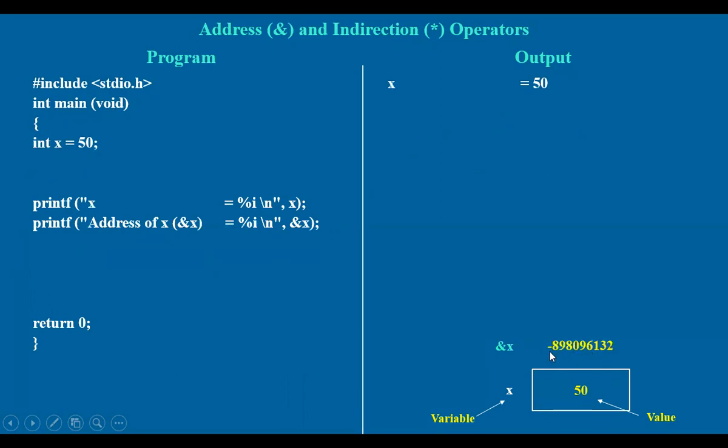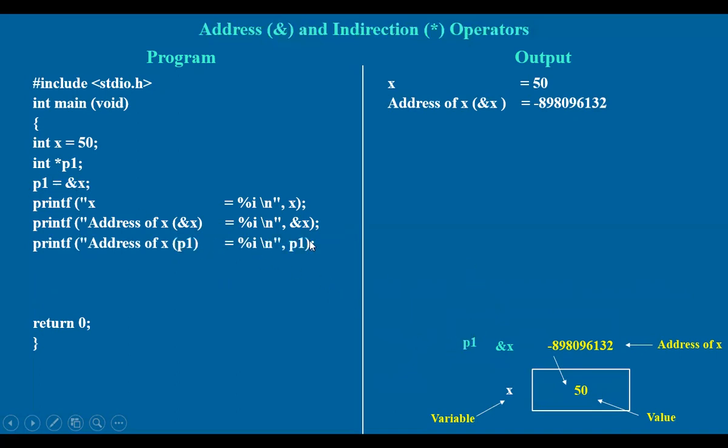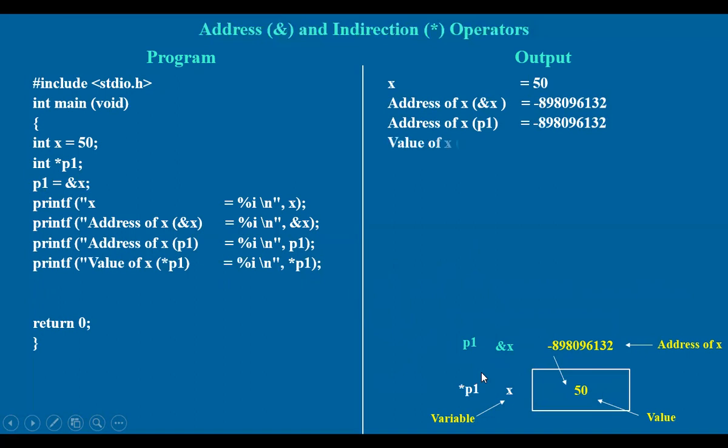Now we got a negative value. Okay, so ampersand x is referred to as the address, and here let's define this p1, star p1, and this p1 pointer, and the address of x is assigned to p1. So this is p1, and p1 is displayed here. Of course, the same value we get, and star p1, that is nothing but the value of this one.